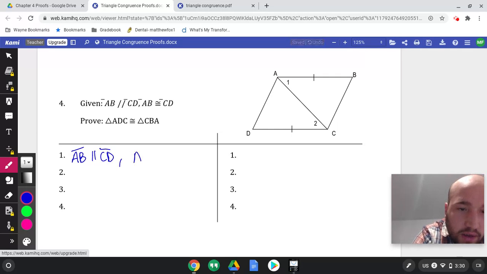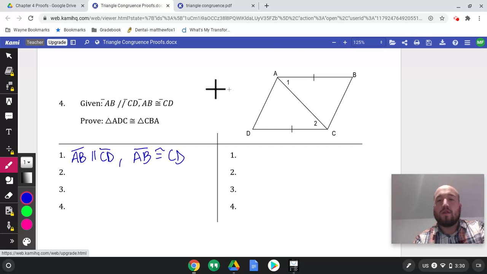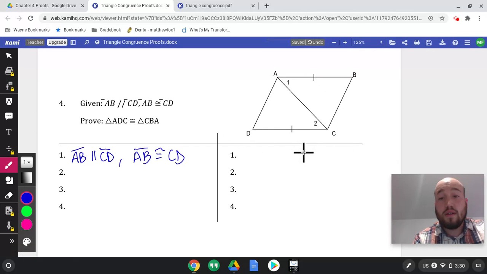And we also know then that segment AB is congruent to CD. So if AB and CD are parallel, then that means that AC here is what we'd call the transversal. And that would tell us, hopefully you remember from chapter 3, angle 1 and angle 2, what we call alternate interior angles. Now, alternate interior angles are going to be congruent.